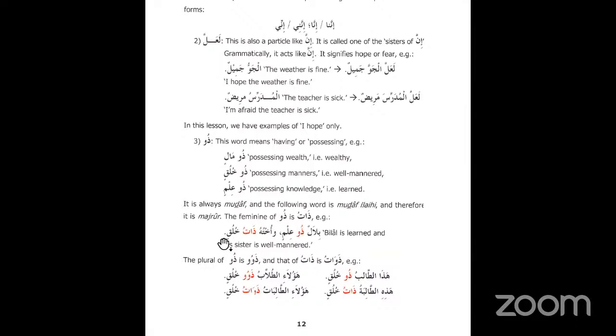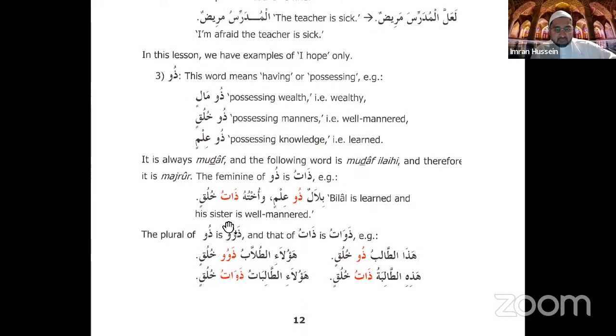Okay, now one thing I need to mention here. These words, ذو and ذات, their i'rab, their harakat changes. Just remember this point. If they come as objects, or after a preposition, harf jar, the dhal and the waw itself will change. I will explain their different positions in a sentence in the next phase.